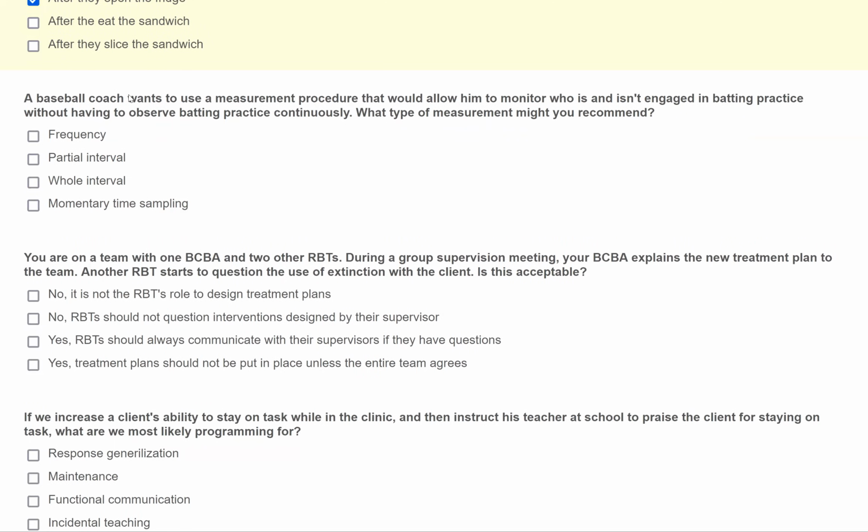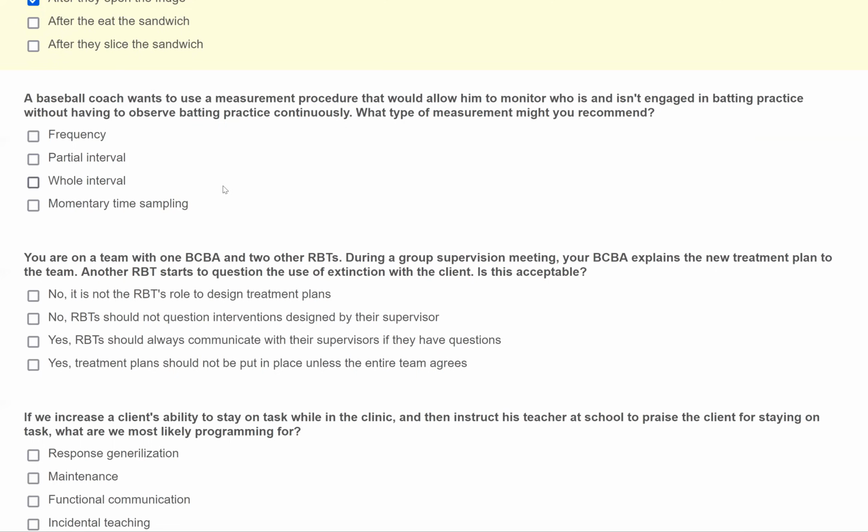Now, if the coach does not want to have to observe batting practice continuously, is partial interval and whole interval going to suit him well? Well, not necessarily, because with partial interval and whole interval, even though we're taking a sample of practice, he still needs to observe the entire behavior with these types of measurements.